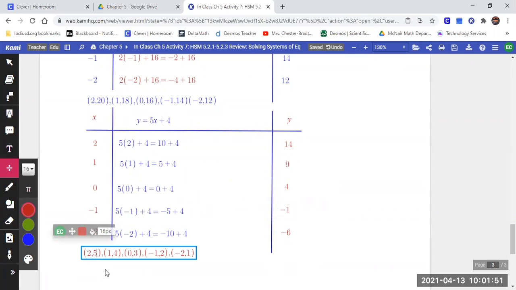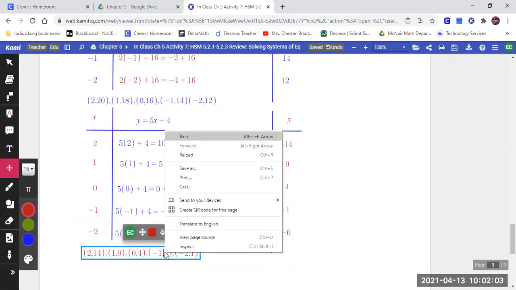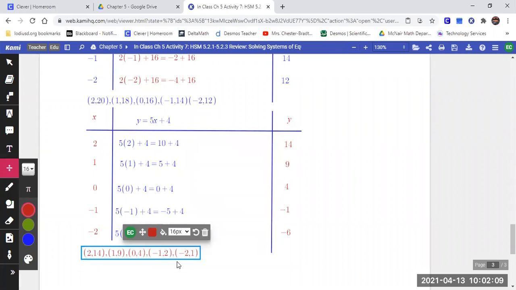Okay. We've got to go change up our numbers here. First one was 14. Second one said 9. Third one said 4. Then -1. And then -6, right?